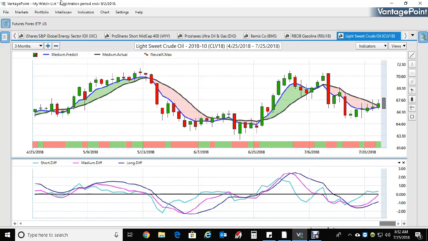If you're short here, it's starting to trend up. It just had a crossover. This is moving up, and it's been going up since about the 18th. It's having a flat day today, but it's still on an uptrend.